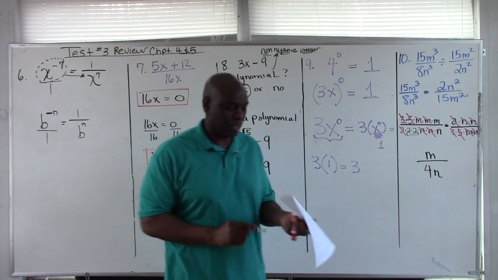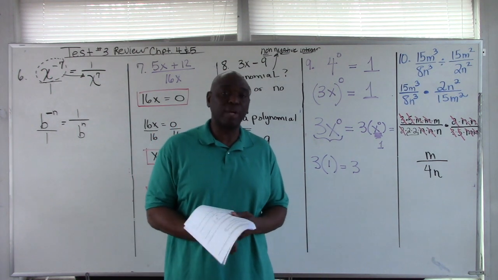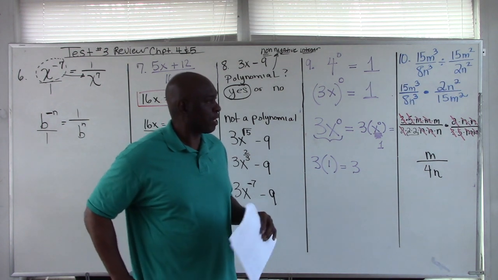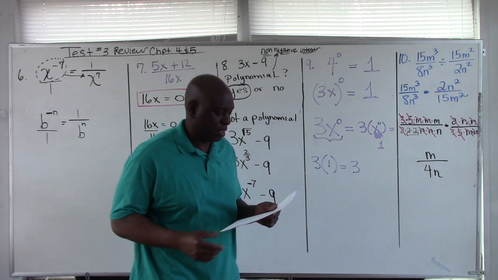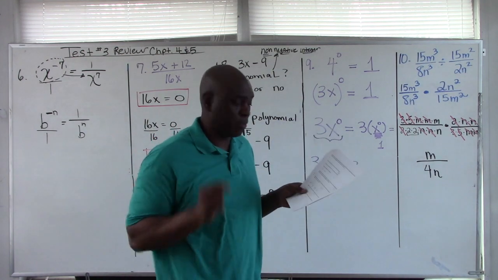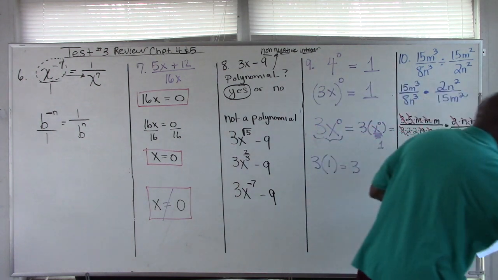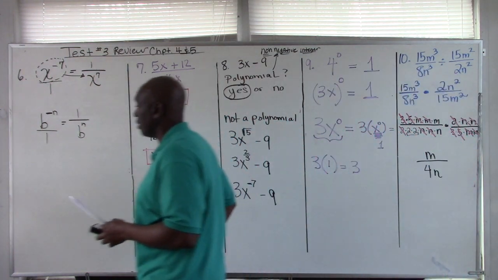And I'm finished. That's the answer: m divided by 4n. And that's number 10. The answer on the sheet is D. D is the correct answer. All right, that's 10.